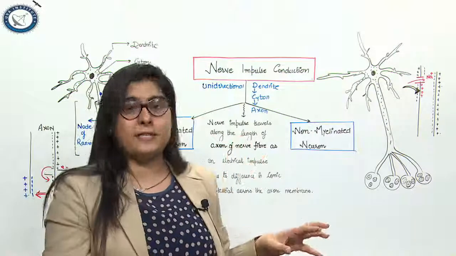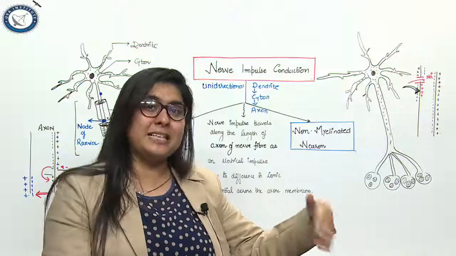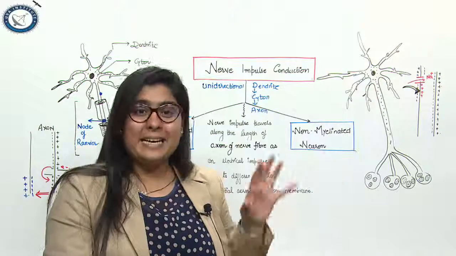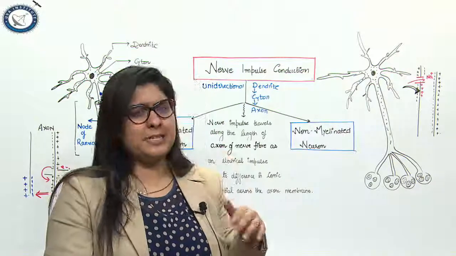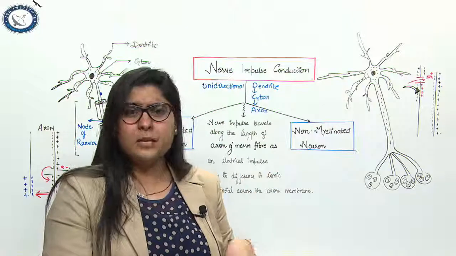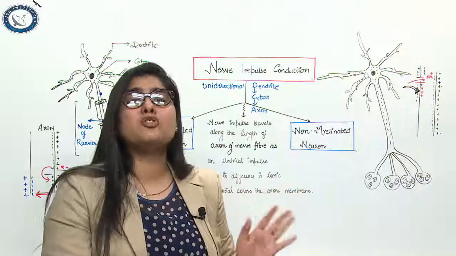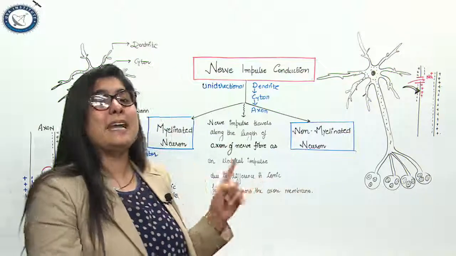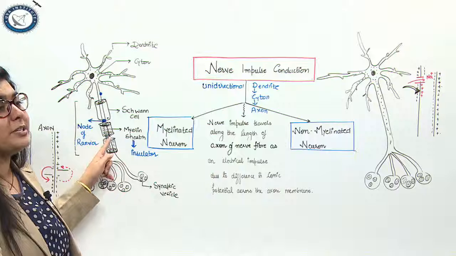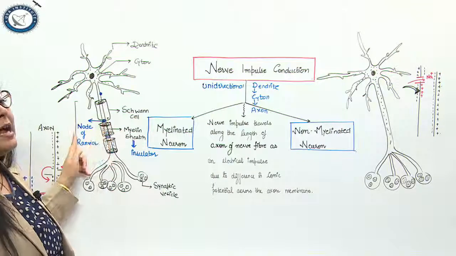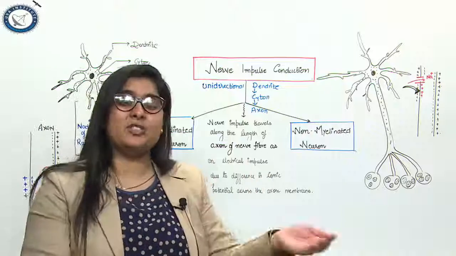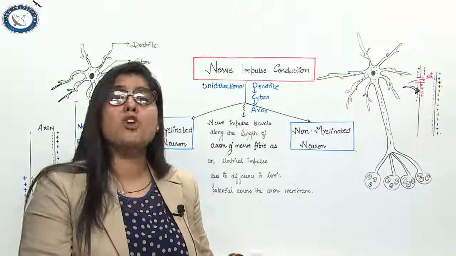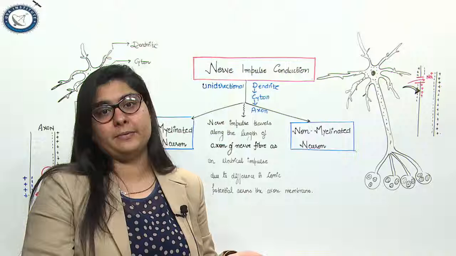To avoid this and make sure that the conduction is happening, this myelin deposition is not continuous. It's discontinuous. There are certain areas in the middle where the myelin sheath is not present. Those areas where the myelin sheath is not present, my dear, are known as the nodes of Ranvier, where the ion exchange can happen across the nerve membrane.